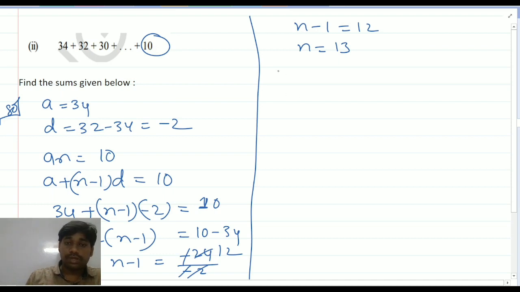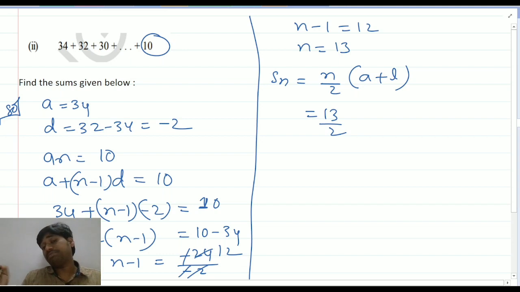Then use the formula, that is Sn is equal to n by 2 of A plus last term. So 13 by 2. The nth term means the last term, both are the same. A is 34 plus last term 10.